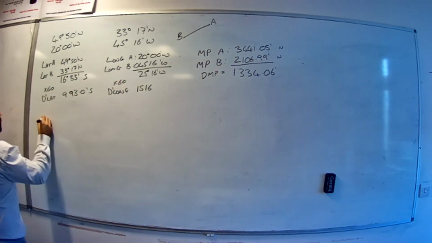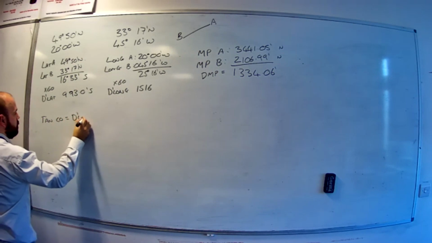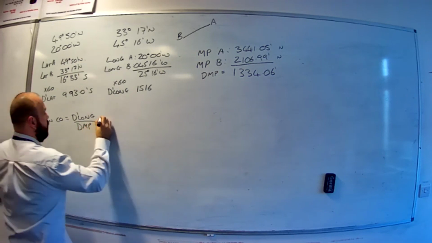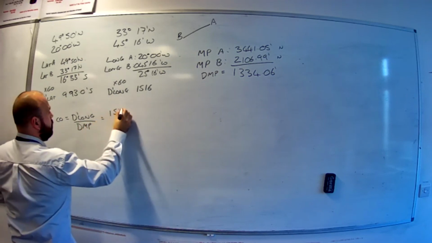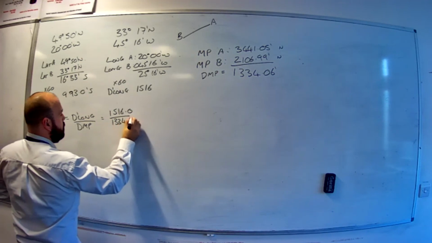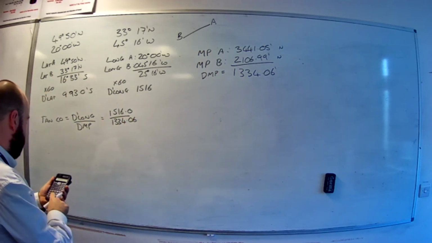So, tan of the course equals D long divided by DMP, which equals 1516.0 divided by 1334.06. So 1516 divided by that.